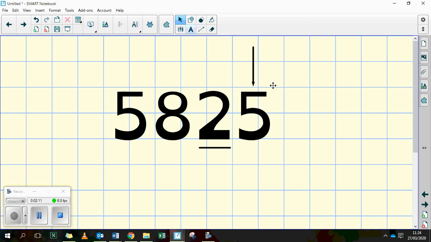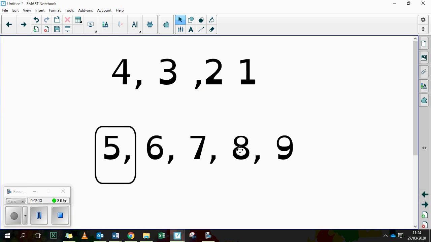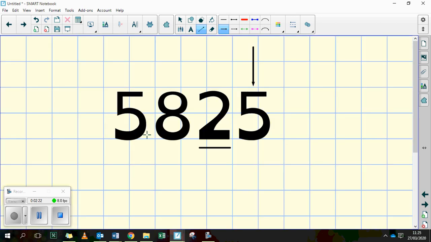So if we go back to our little reminder here, 5. 5 is one of the numbers that rounds up. So going back, 5,825, the 5 digit here is going to tell us that the 20 in the tens place value column is going to round up.